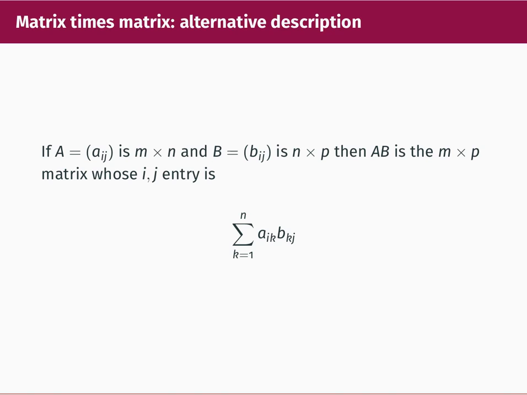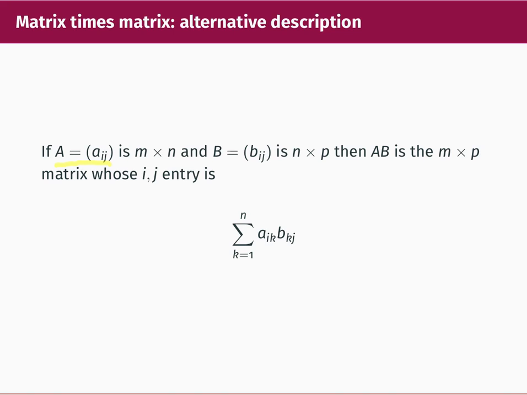If you've got a matrix A, which is m by n, and whose ij entry is A subscript ij, and if you've got a matrix B, which is n by p, and its ij entry is B subscript ij, then A times B is the m by p matrix whose ij entry is this. So it is the sum from k equals 1 to n of a_ik times b_kj. So again, this is precisely the same definition as we've just seen, just written in a slightly different way.